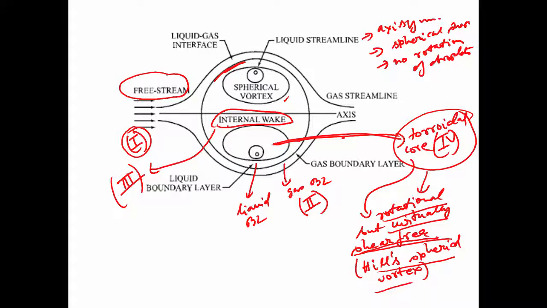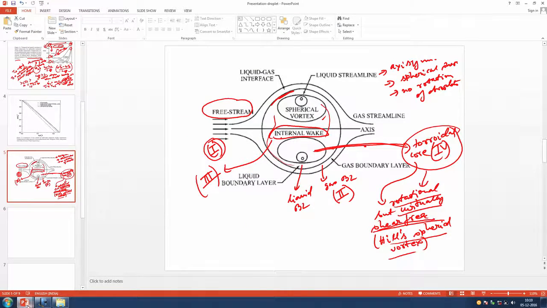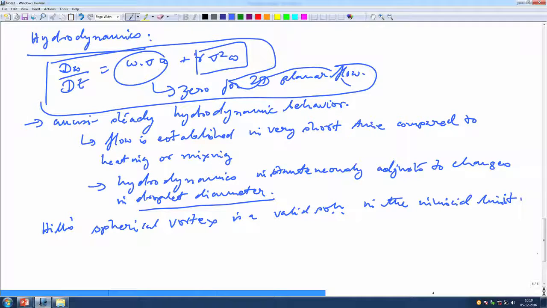So it is like an inviscid core, where the boundary layer is restricted only to these regions. That is what the Hill spherical vortex is all about. Keeping that in mind, the vortex is a valid solution in the inviscid limit.